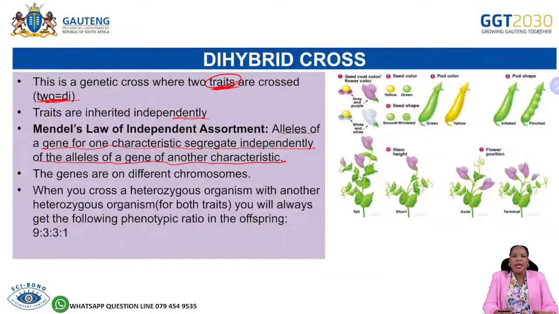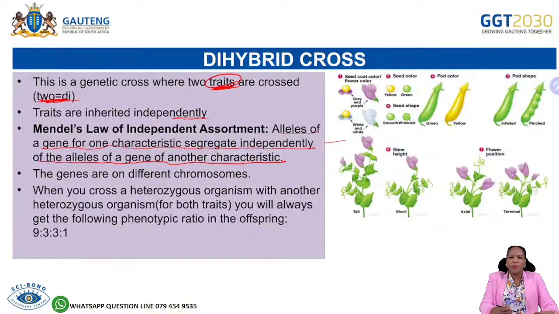Let's use the example of the peas we have on the side here. If one parent pea was smooth and green, it does not mean they are going to give the same characteristics in that order to their offspring. So the inheritance of whatever characteristics is independent.